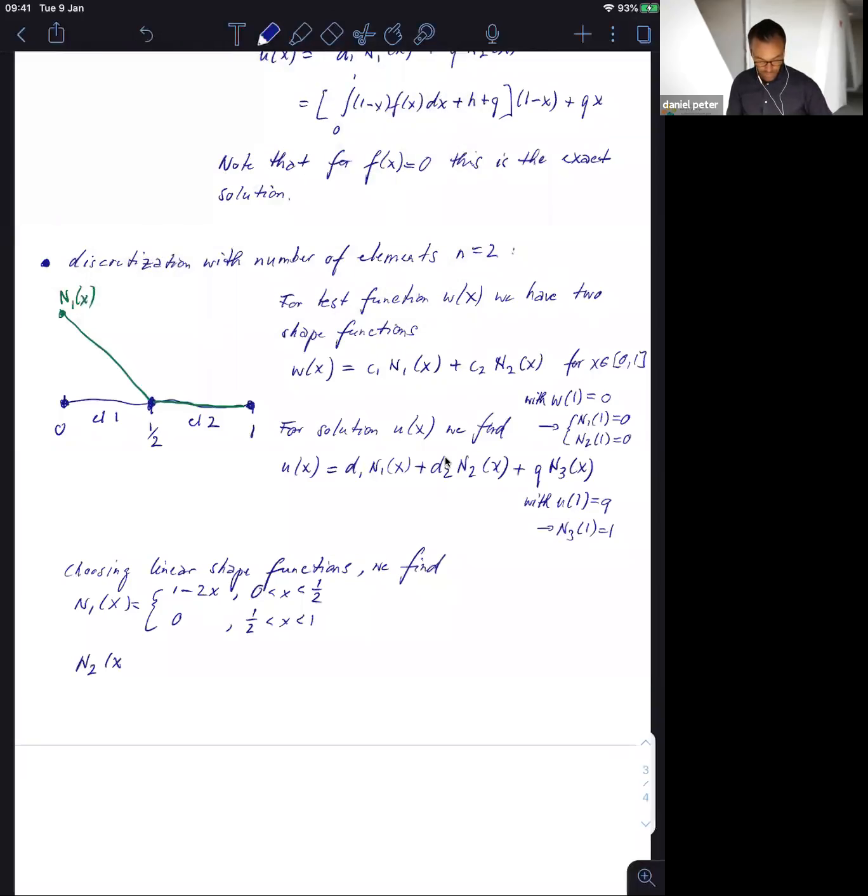And n2 of x. Now n2 of x has 2 legs. The first one can be written as 2x between 0 and 1/2, and 2 times 1 minus x from 1/2 to 1.